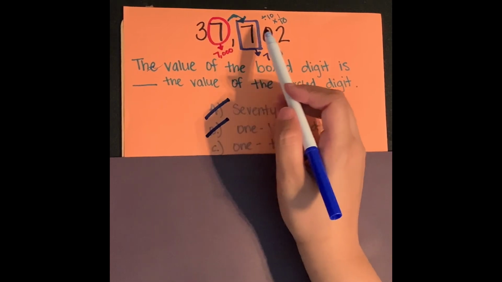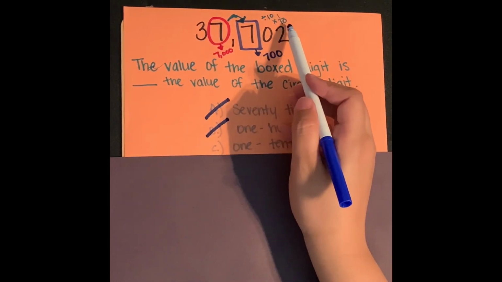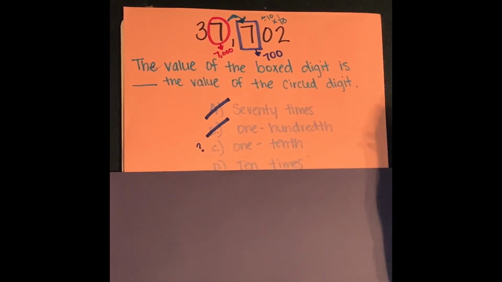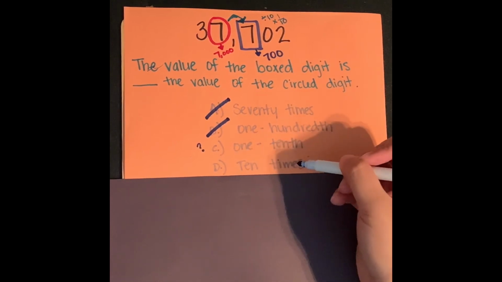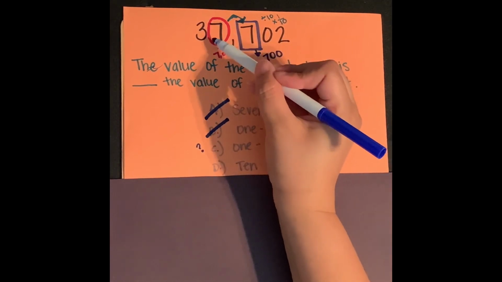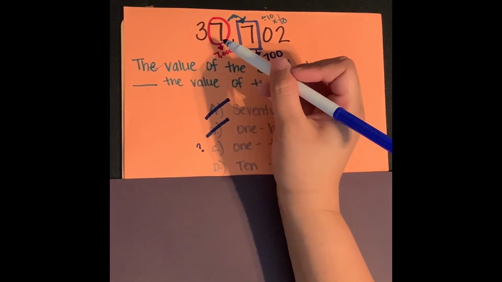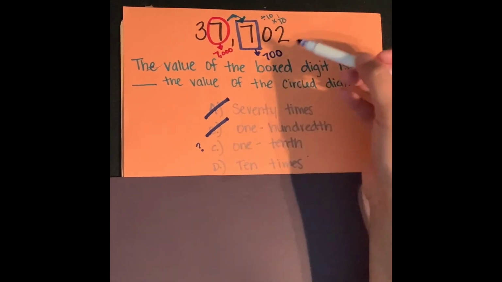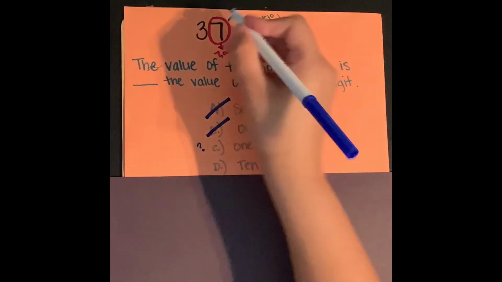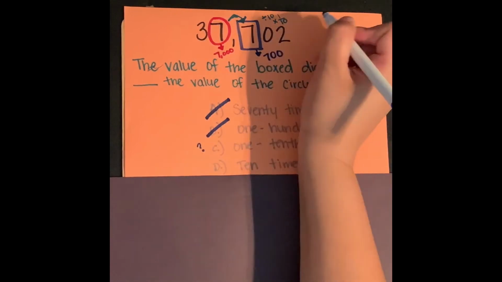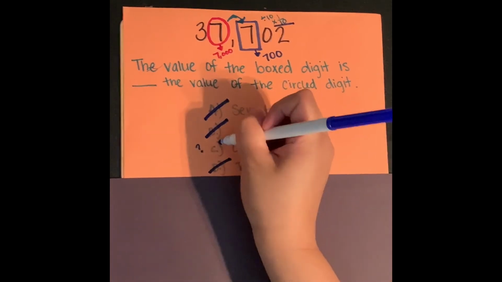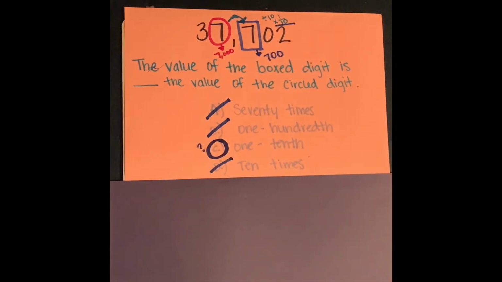Going to the right is multiplying by 1/10. So this is a good maybe answer. Let's look at D. It says 10 times. If it had gone from 700 to 7,000, that would have been 10 times. But because we started with the box digit is blank the value of the circle digit, we're actually going to the right, which makes it 1/10, not 10 times, which means C is our answer.